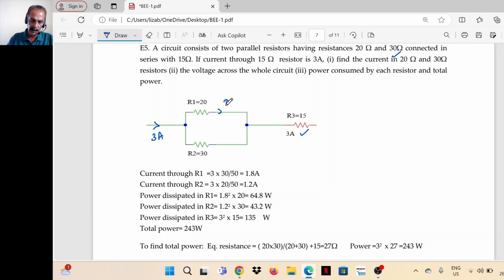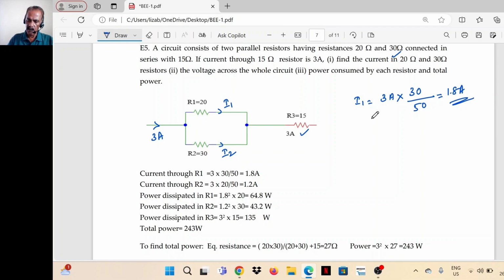So, let's take this current as I1 and this current as I2. I1 is equal to the current coming to the junction into the opposite side resistance, that is 30, divided by the sum of the resistances, 30 plus 20, 50. So 3 into 30 by 50, that is 1.8 ampere, the current I1.